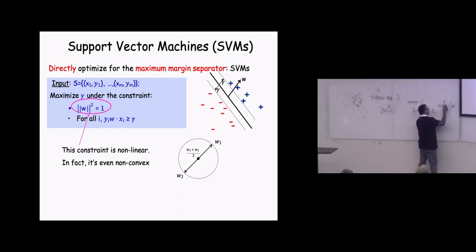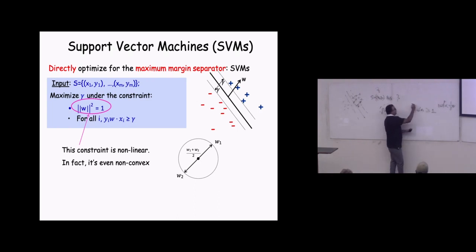So maximizing gamma is actually minimizing W prime, right? And we want the square because that makes our life easier, because square functions are even easier to optimize. So instead of maximizing gamma, we want to minimize W prime square.